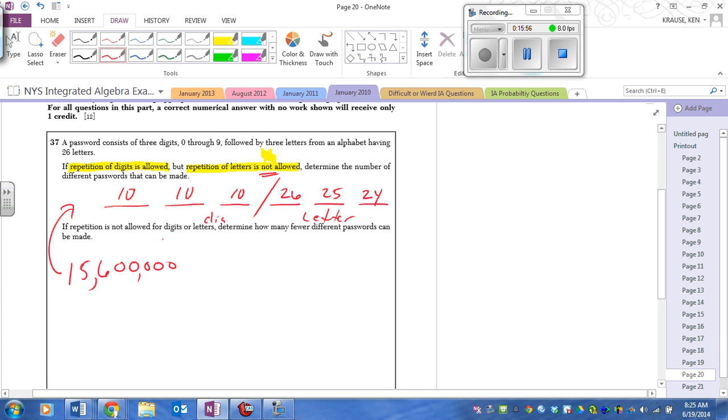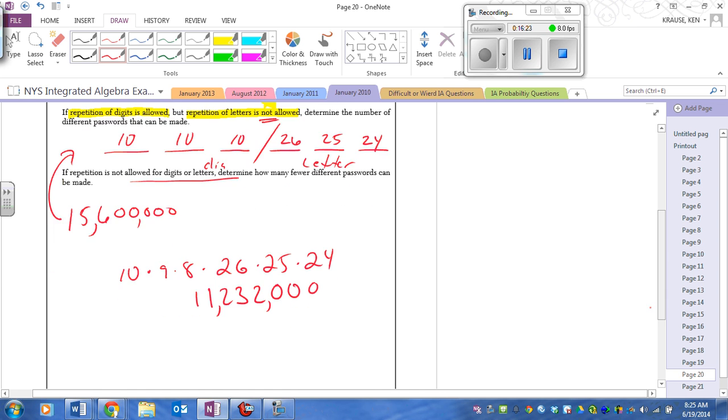So if repetition is not allowed for either, that means it will go 10 times 9 times 8 times 26 times 25 times 24. I get about 11 million.